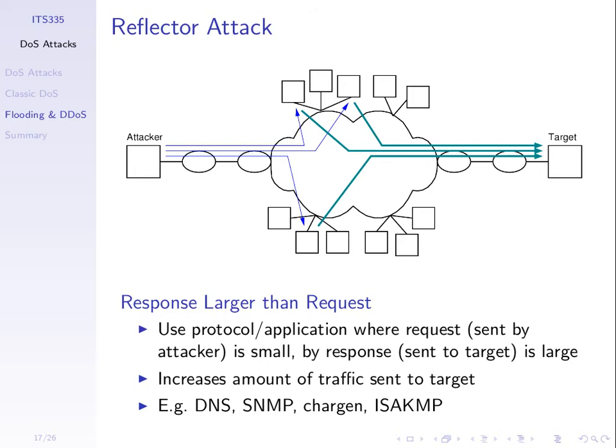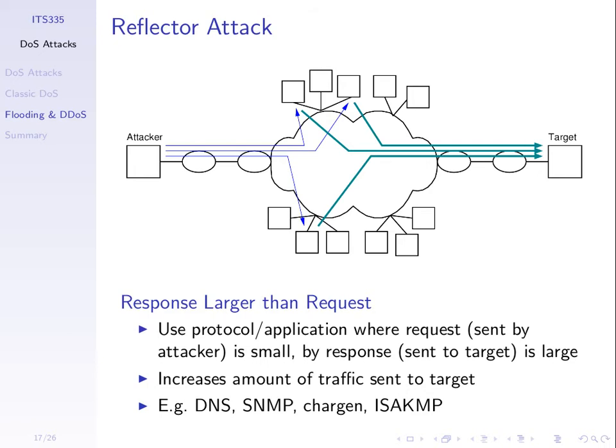But in some protocols, the request is small, let's say 50 bytes, but the reply is large, say 500 bytes. DNS is an example, and there are a few other examples here. The idea is that the attacker, again, sends a small request to these normal hosts on the internet. These normal hosts reply, and again, we're using a fake source address, so they all reply to the target.